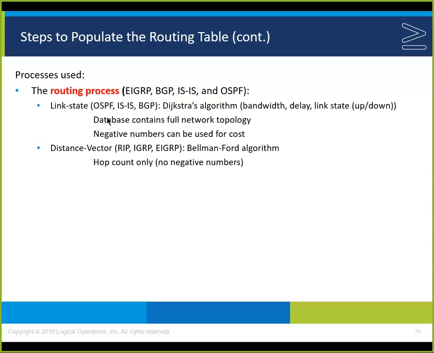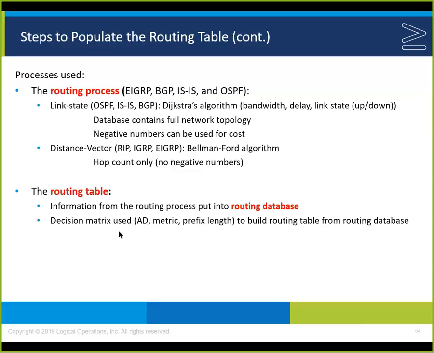The routers calculate them independently. Distance vector is hop count only, and there are no negative numbers here. And the illustration that we had earlier, it doesn't care about speed. All it cares about is the hop count.